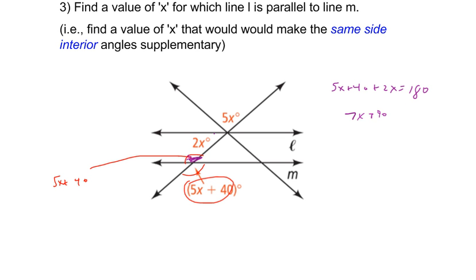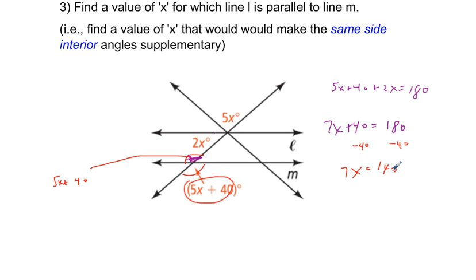So I have 7x plus 40 is equal to 180. I'm going to subtract 40 from both sides of my equation. So I have 7x is equal to 140, right?